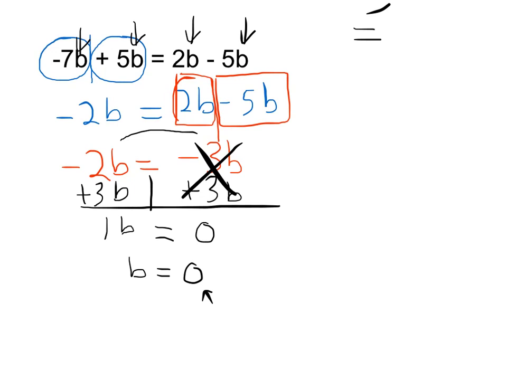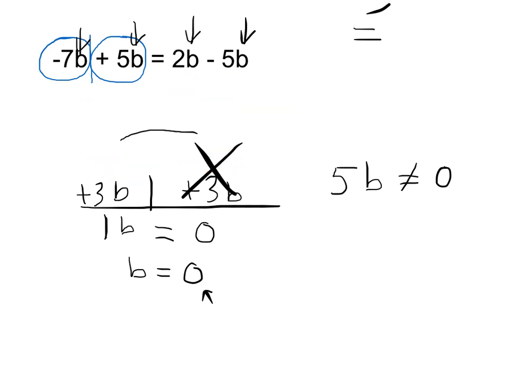Now, this one was a little bit easier because we got a 1b. But you could have gotten something, say you see something like this. Say you solve it and you get 5b is equal to 0. Okay. Another common mistake is a lot of times students will see this and they'll say, oh, well that's not equal. Okay. Think about what this is saying though.